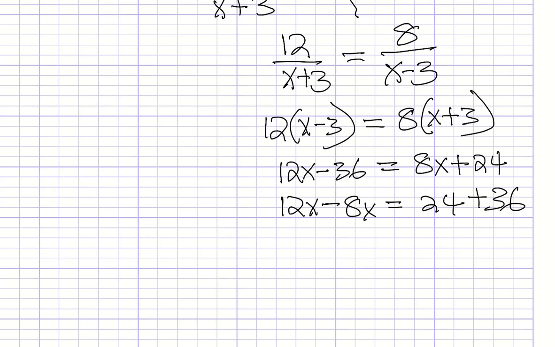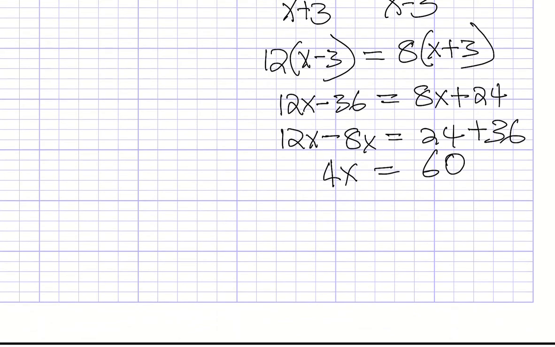You see that, right? And then you combine. What do you get there? You get 4x is equal to 60. You see it, right? So x is equal to 60 divided by 4. You see what I'm doing, right?